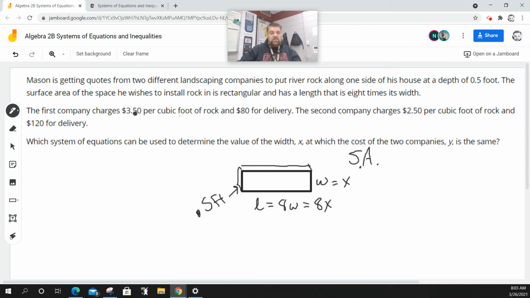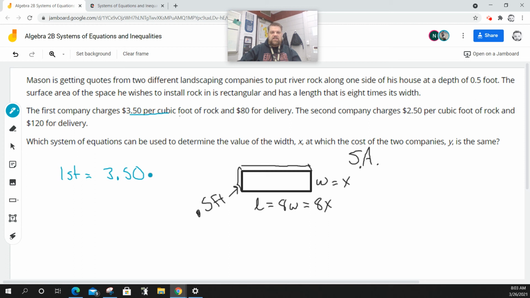So then it says the first company charges $3 a cubic foot, so we'll do that in blue. The first company charges $3 per cubic foot and $80 for delivery. So the first company is going to be 3.5 cubic feet.